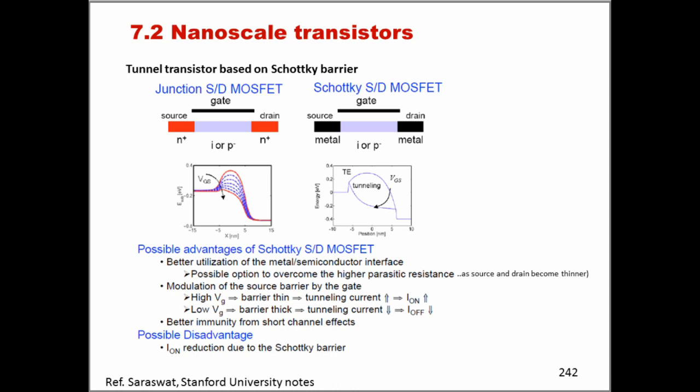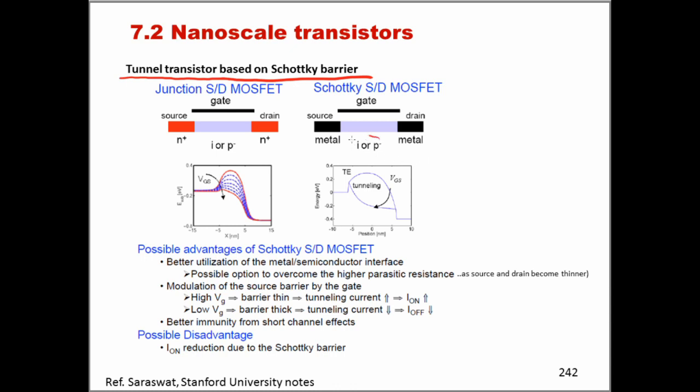Another very interesting approach is the one of tunnel transistor based on a Schottky barrier. Here the idea is also tunneling, but this time we don't use semiconductors anymore effectively.